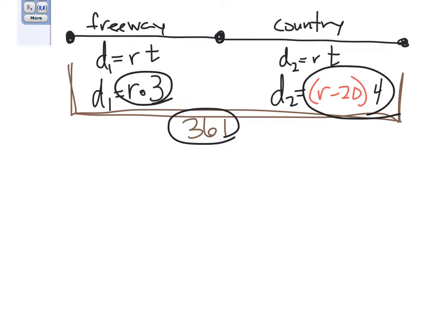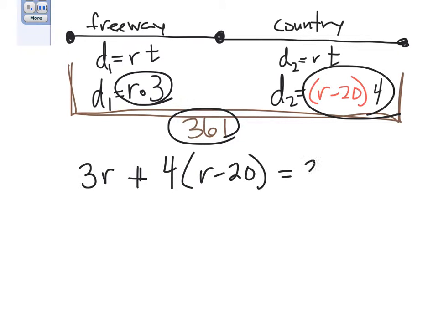So let's write that down. 3R plus 4 times R minus 20 equals 361. So this distance is R times 3, but I simplified it to 3R. This distance is quantity R minus 20 times 4, but I put the 4 in the front because that's more traditional. And we know that if we add these two, we get 361.